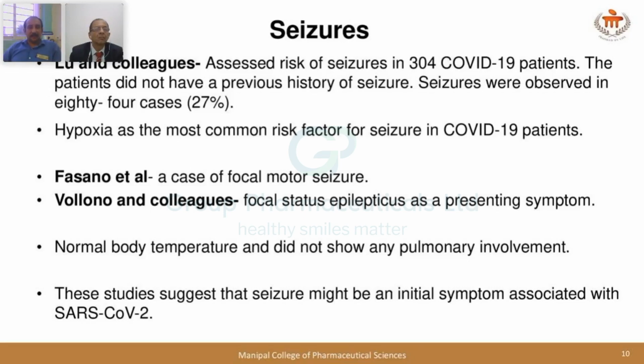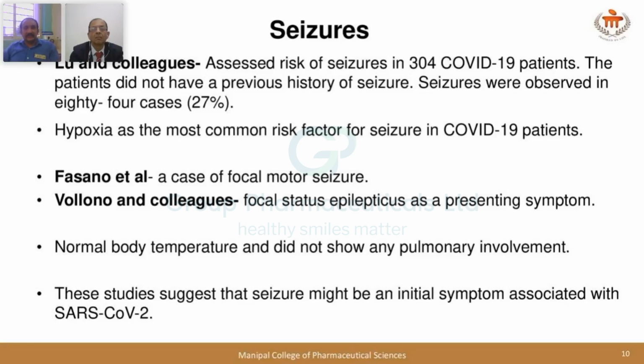Interestingly, the body temperature was normal and the patient did not show any pulmonary involvement. The patient came to the hospital with the seizure, and the patient did not have any previous history of seizure. The patient was diagnosed as focal motor seizure, and when the RT-PCR test was done, the patient was found to be COVID-19 positive later on.